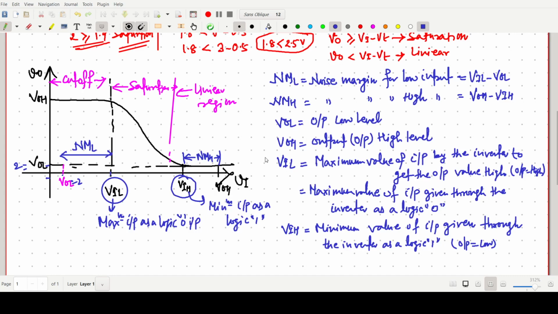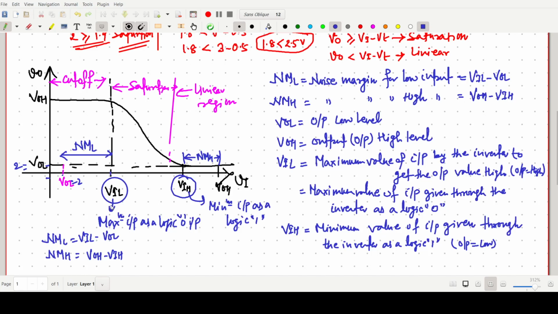So easily we can find the NML, the noise margin for a low input, that is VIL minus VOL. And NMH equals VOH minus VIH. This is a very important concept regarding the noise margin.